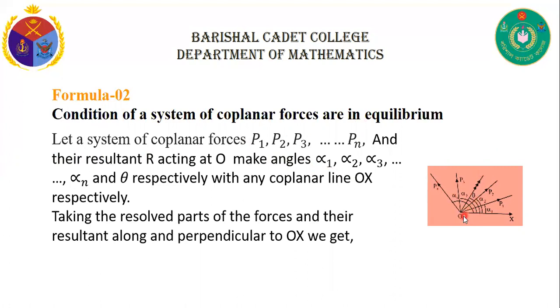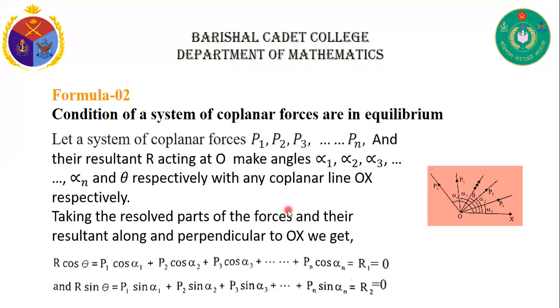The resultant makes an angle with the line OX. Taking the resolved parts of the forces and their resultant along and perpendicular to OX, we know that the resolved part of the resultant and the summation of the resolved parts of the other forces are equal.